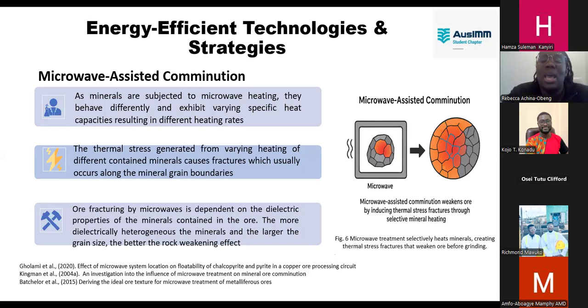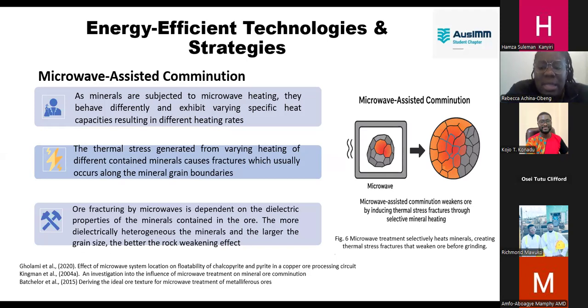So these fluctuations in temperature while the ore body, or the rock material, is being heated cause breakage or cracks in the ore, which weakens it. So before it even gets to the grinding stage, it's already weak, and as such, less energy is required to break it down to the appropriate size for downstream processes.